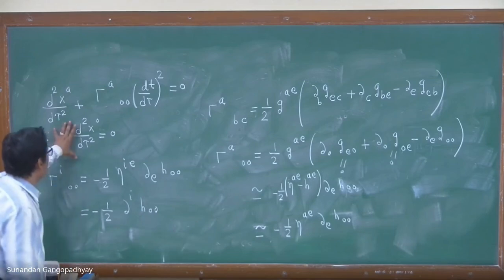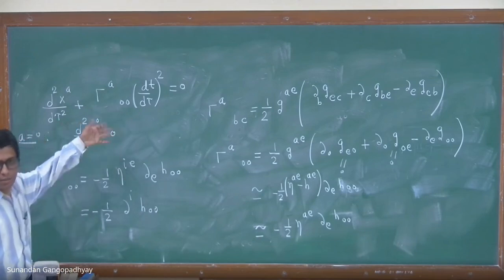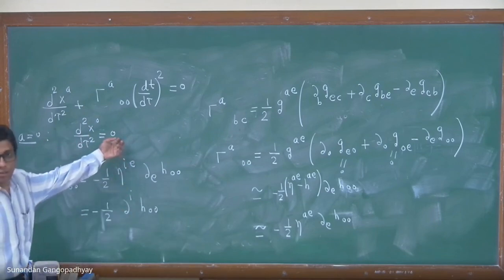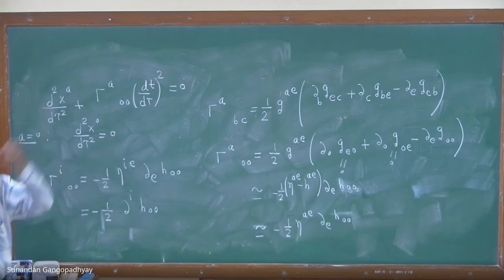Just solve this equation and see what happens. So dx0 d tau is constant, therefore x0 is tau plus c. So x0 is t and tau are related linearly.